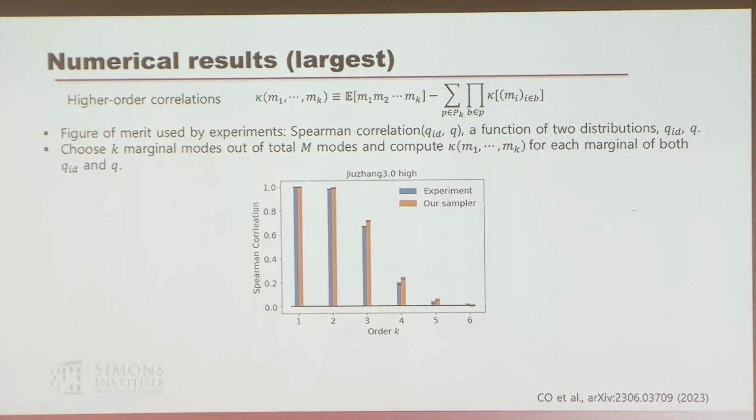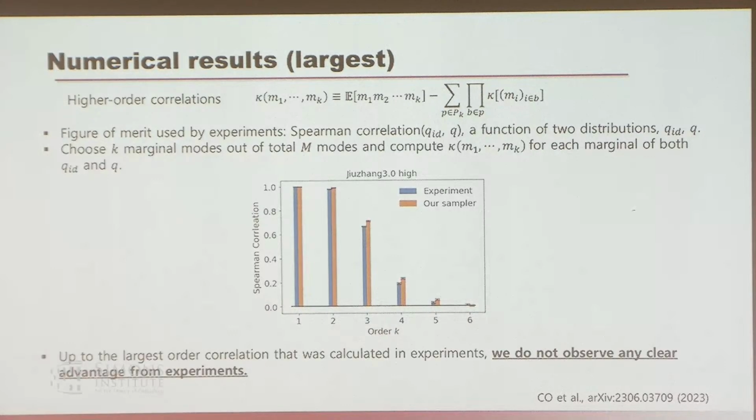You can see that up to about 5th order, our classical sampler score is better than the experimental score, which means that our higher correlation function fits better to the ideal score than the experimental samples do. But at 6th order, you can see that it's almost 0, so it's hard to tell. The experimental one is slightly better, but they're still within the error bar. It's not very clear which one is actually better.